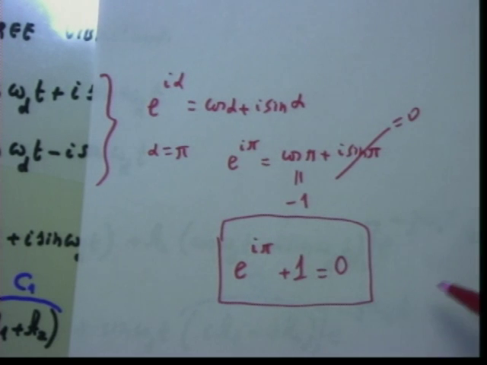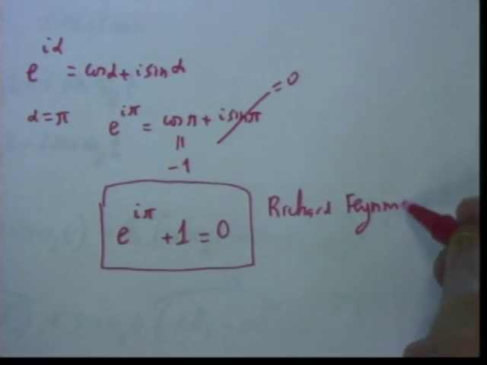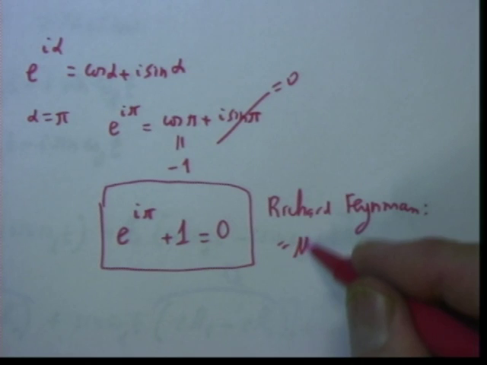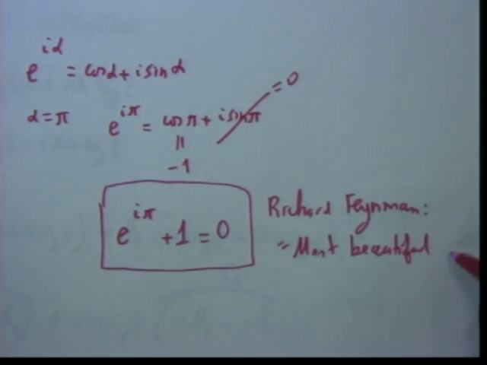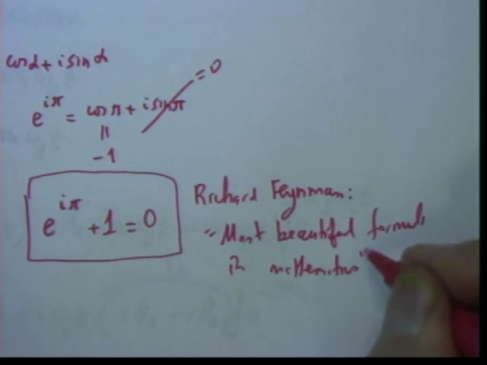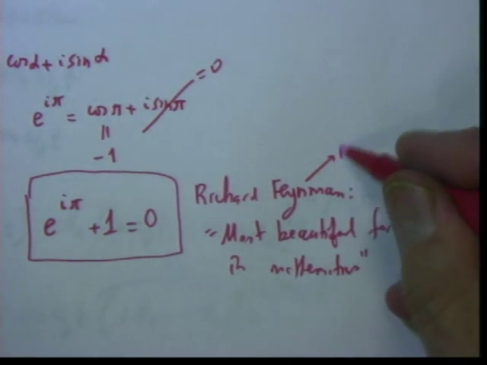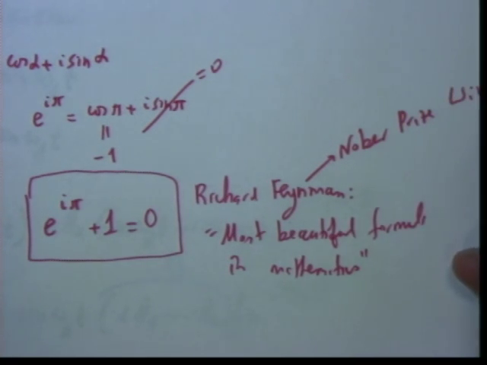This is Richard Feynman, who said this is the most beautiful formula in mathematics. This guy, of course, is a Nobel Prize winner, otherwise we would not quote him. We're not quoting any person who is passing by.